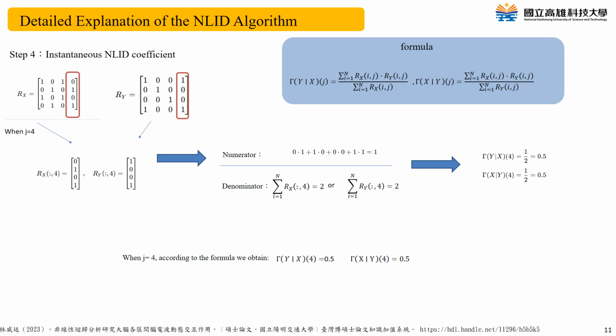When j equals 4, gamma yx4 equals 0.5, gamma xy4 equals 0.5.